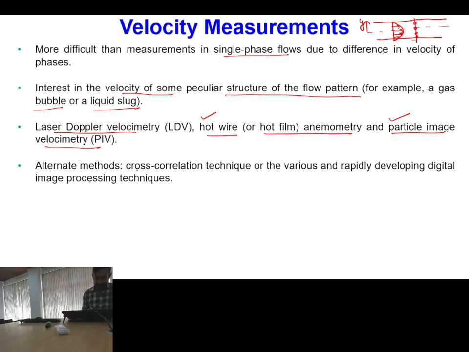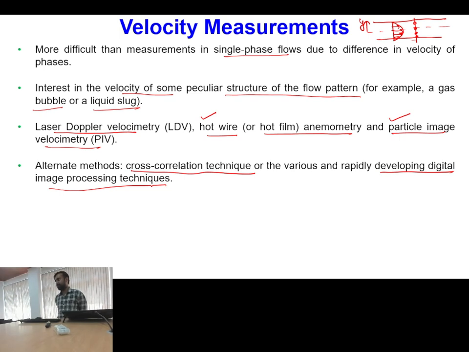One of the methods is the cross correlation technique, and many digital image processing techniques are also developing nowadays. But cross correlation technique has a long history, it has been utilized by researchers even back in the 1960s or 70s as well.